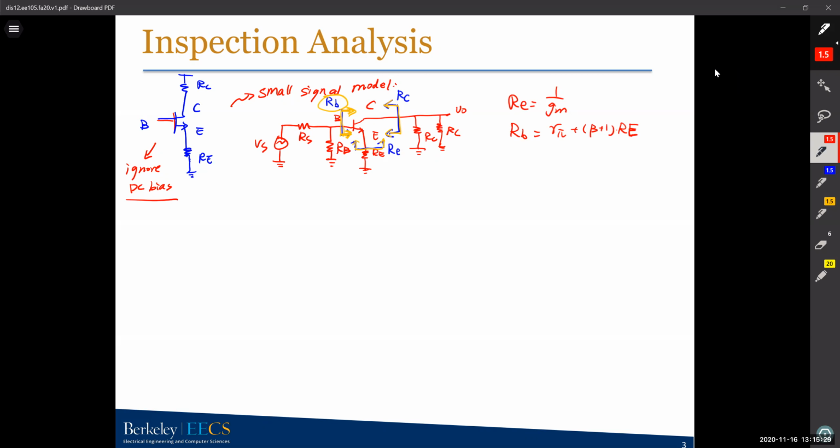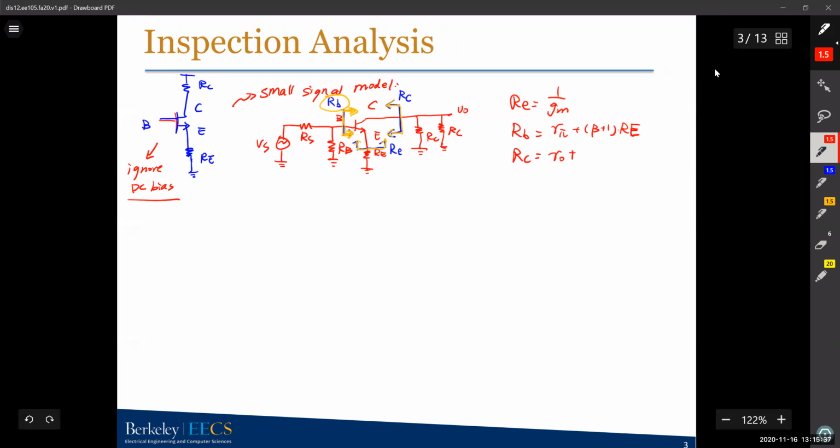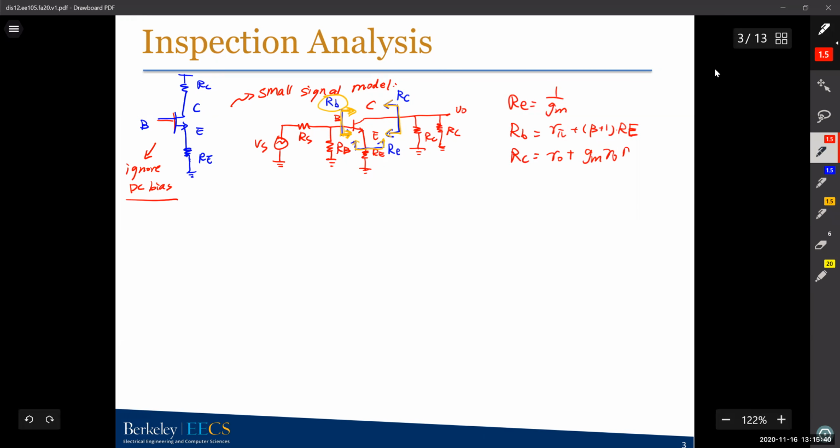Remember this. And your R small c will just be RO, the small signal resistance RO, plus Gm times RO times R capital E. Remember this? So right now we know the equivalent resistance at 3 different ports. And for inspection analysis, you also need to define what the Gm is.